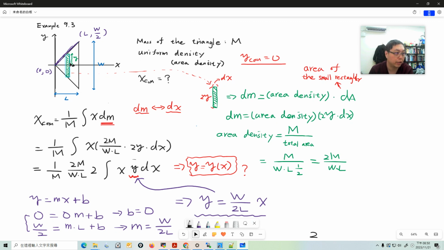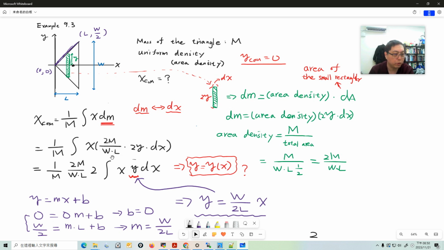So this is a tiny area called delta A, the shaded green area. dm is area density times delta A. And what is delta A? It's width delta x times 2y. Because here is y and then you double it. That's 2y times dx. And area density, because I assume it's a uniform distribution, is the total M divided by the area of this triangle.